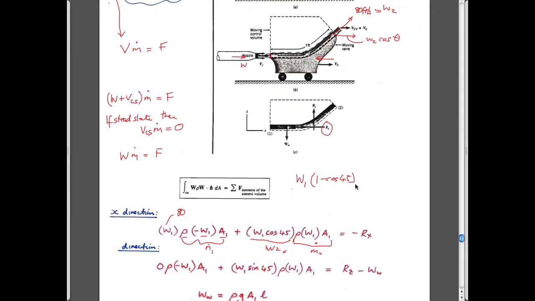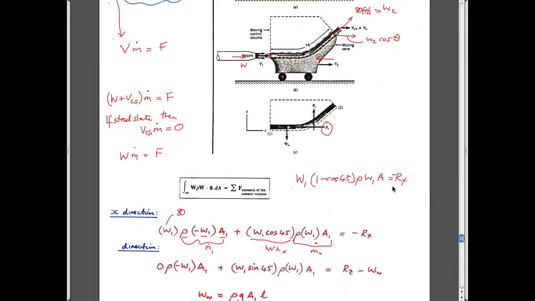And you'd end up with density W1 times A is equal to Rx. And so Rx is the reaction. We've defined it in this particular case pointing to the left, which is in the opposite direction to the positive x-axis. Our definition, and so we know the direction which is applied.